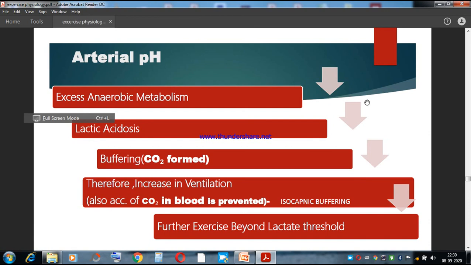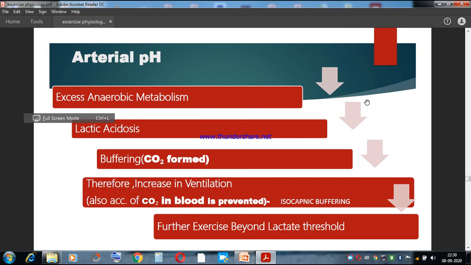This is known as isocapnic buffering. So buffering means what? Buffering is something which avoids or prevents any changes. This is known as buffering.